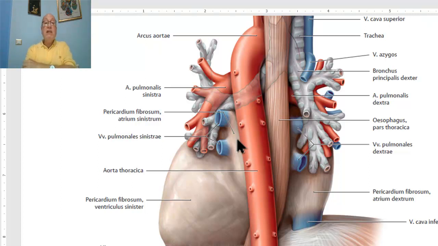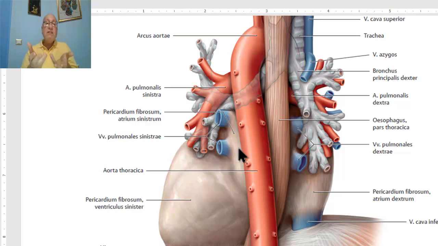This is the fibrous pericardium, separating the descending thoracic aorta and esophagus from what? Here the fibrous pericardium separates the structures in the posterior mediastinum, which are the descending aorta and esophagus, from the oblique sinus of the serous pericardium.